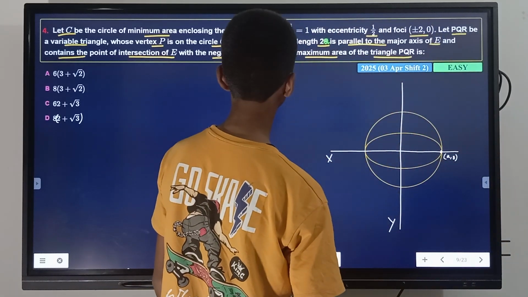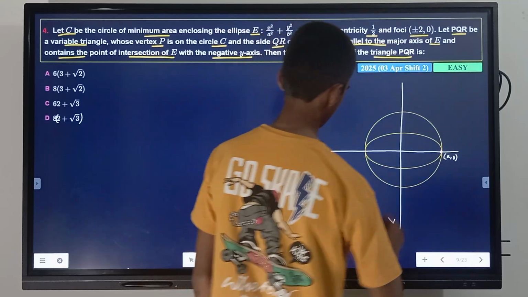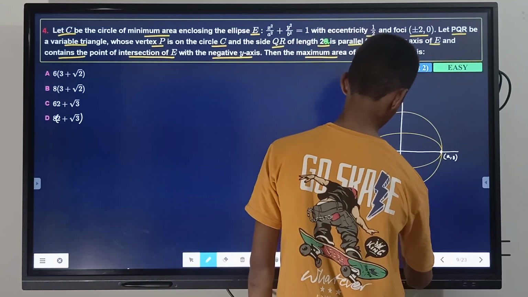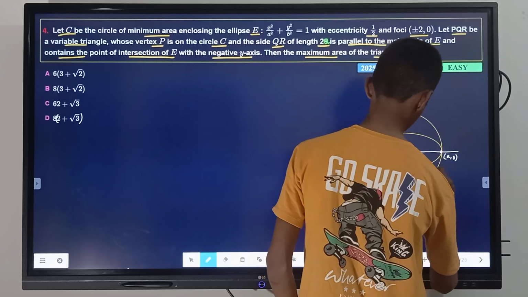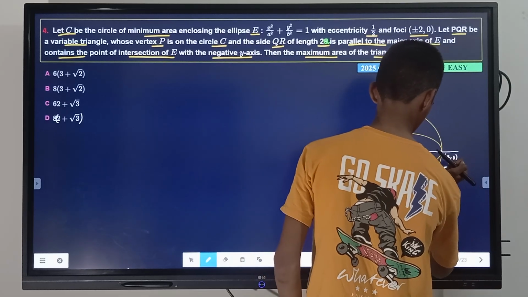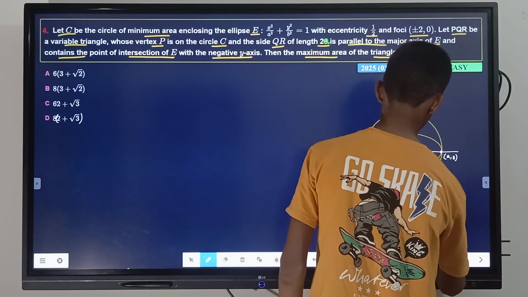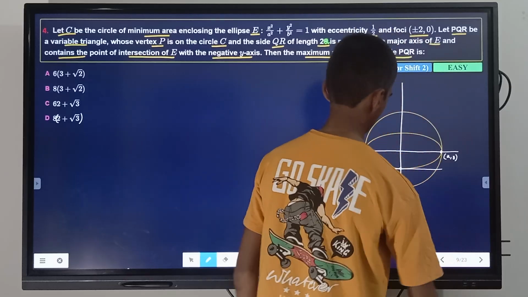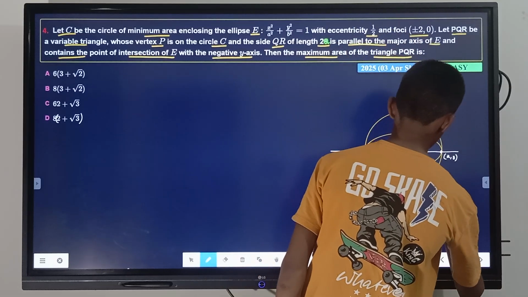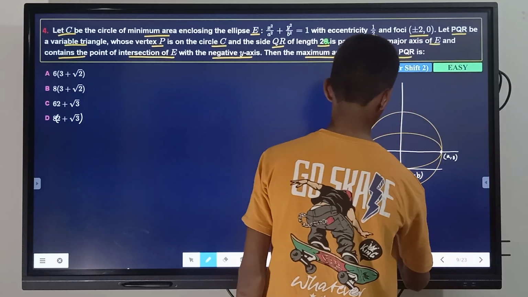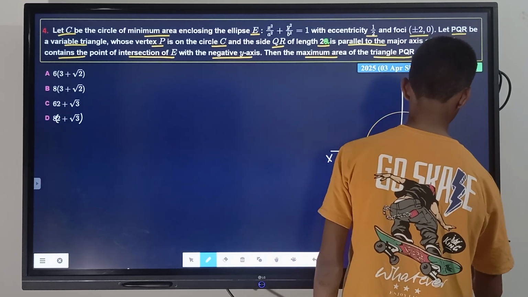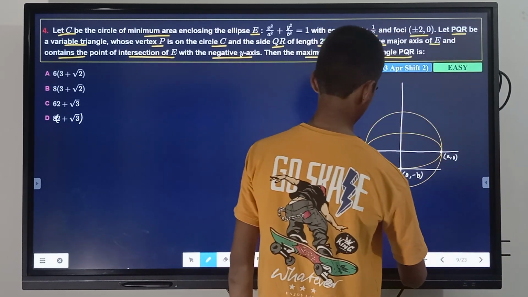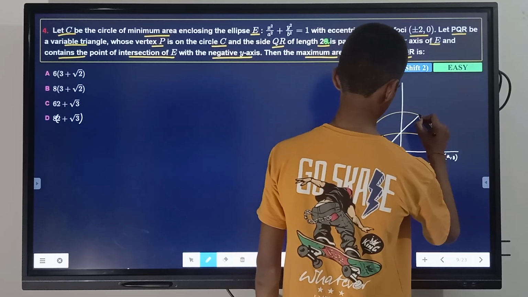Now our side QR of length 2a. This is side QR with length 2a. This point is (0, minus b). And let's say our point P is here.